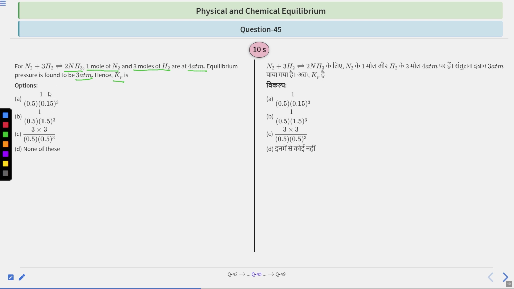Options are: 1 upon 0.5 into (0.15) whole cube; 1 upon 0.5 into (1.5) whole cube; 3 into 3 divided by 0.5 into (0.5) whole cube; or none of these. So you have 10 seconds to solve this question. After that, we will see the answer.